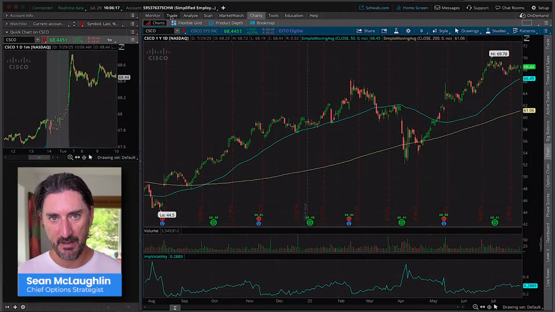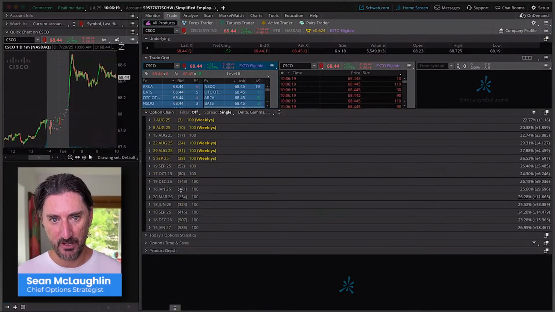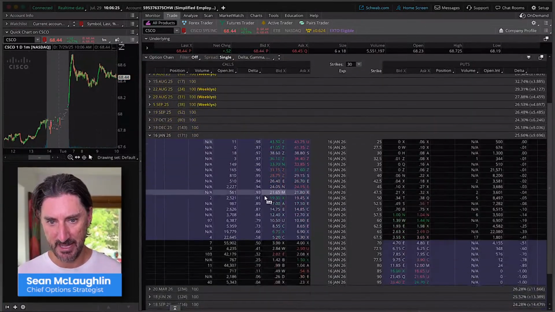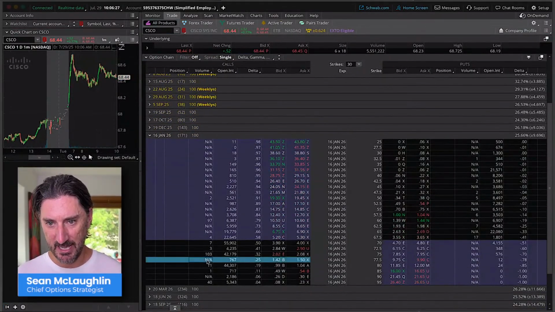My preference would be to just buy simple calls here. If I were to go out to, let's say, January, giving us approximately 6 months to play out, the 25 delta options are the 77.5 strike. I don't like that. Let's do the 75 strike.